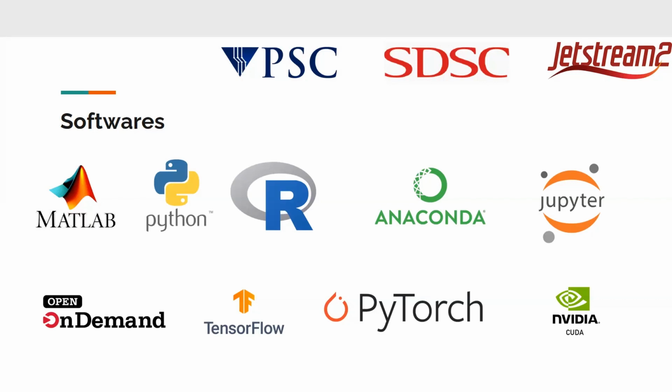And these are the most common ones that a large number of users try to run their applications on: MATLAB, Python, Anaconda, Jupyter, or at the bottom you see PyTorch and TensorFlow for machine learning and AI.